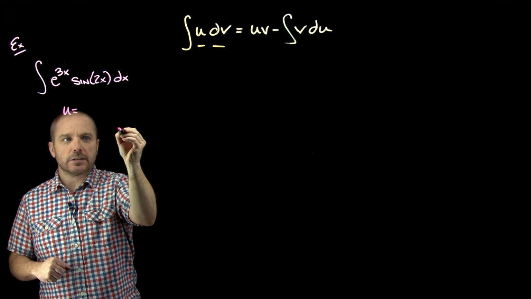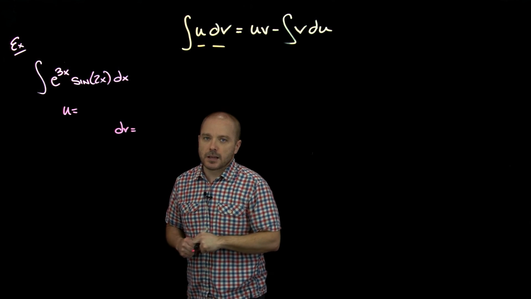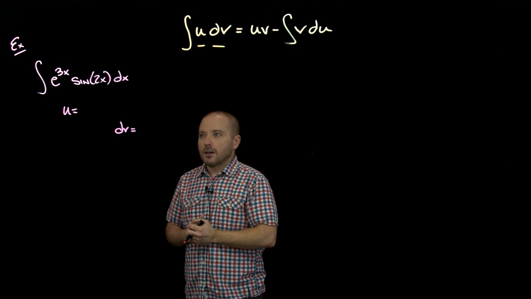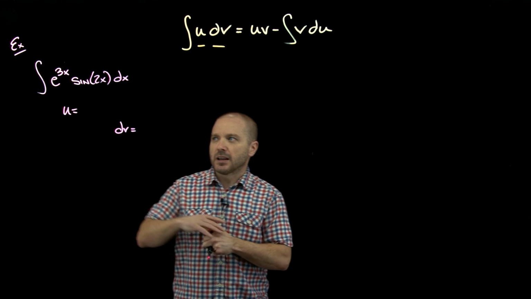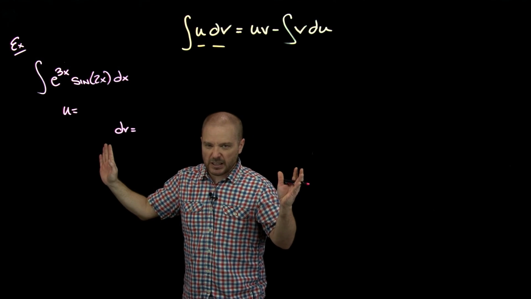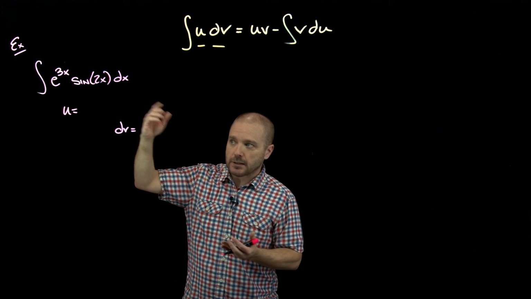So remember, our first thing is trying to decide what makes sense as our u and what makes sense as our dv. Now, immediately you might see why this is a unique situation, because differentiating that exponential doesn't really get any simpler, and integrating it doesn't get any more complicated.